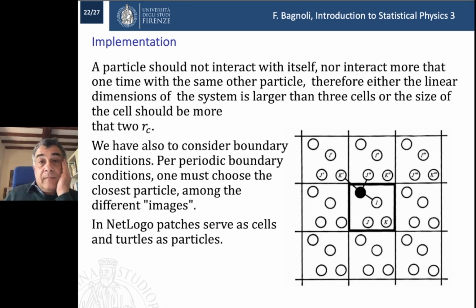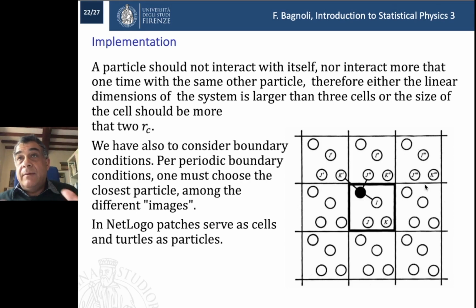And also another thing to consider is that the particles should not interact with themselves or interact more than once with other particles. And so either the system is large enough, or we have to take the cell size less than say 2 RC. And if the system is large enough, we have to consider that a particle sees multiple copies.